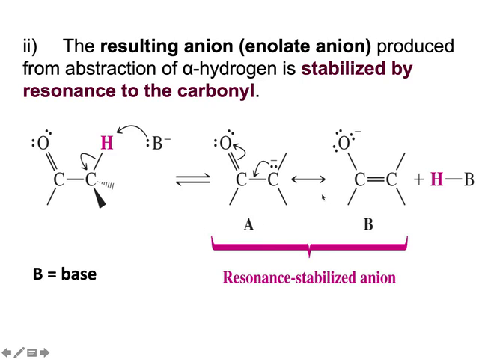For this intermediate, you must draw two structures, structure A and structure B. We call it a resonance stabilized anion, C minus. You must also draw the structure with C double bond O.